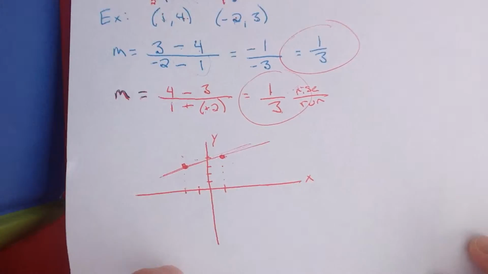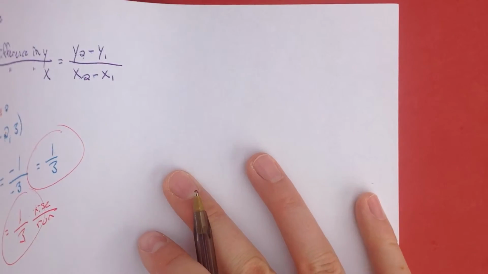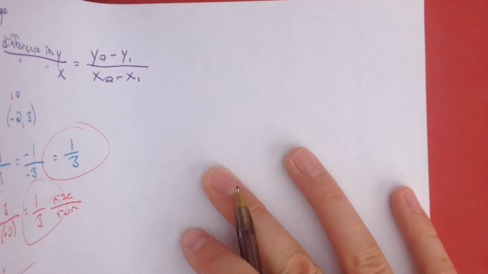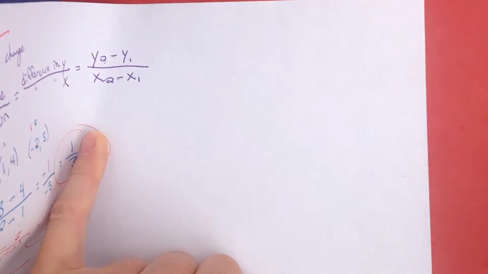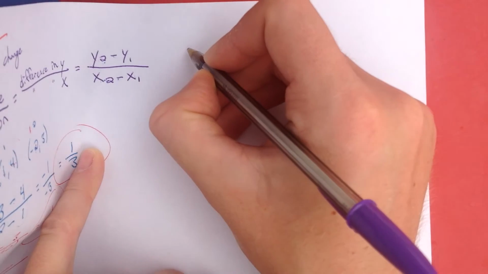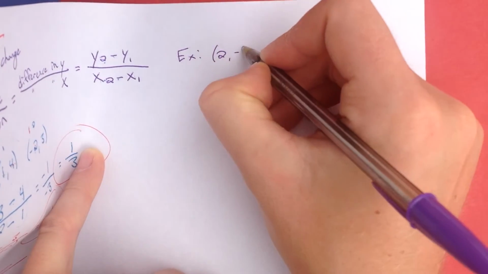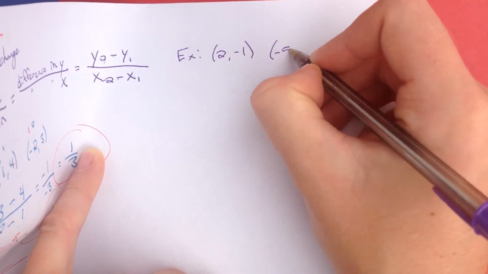Let's do one more example. We're going to leave that equation in the corner. We have the points (2, -1) and (-5, -3).